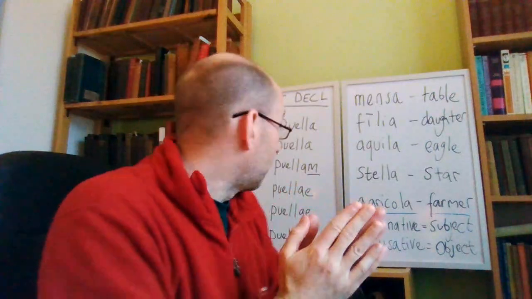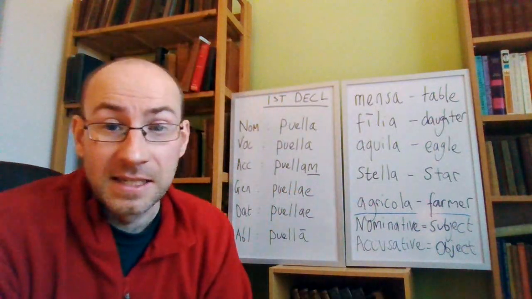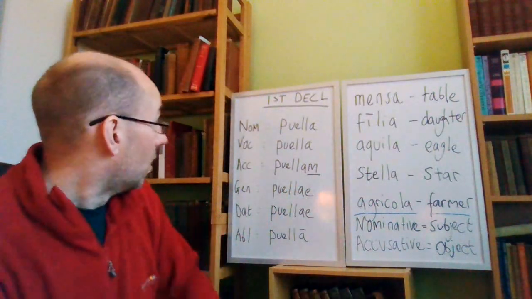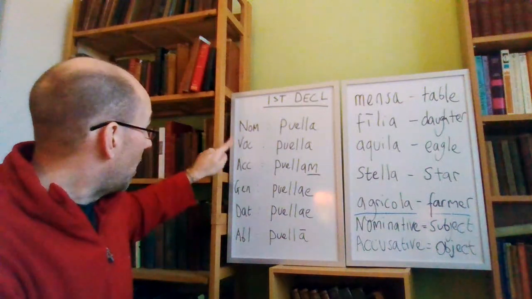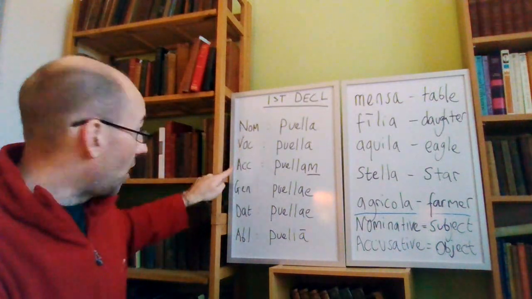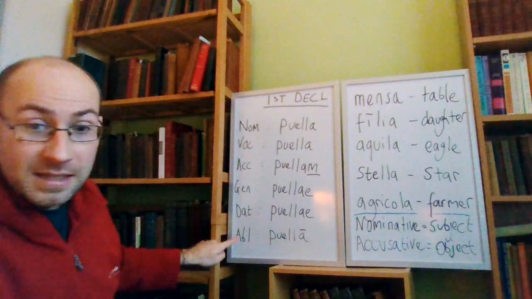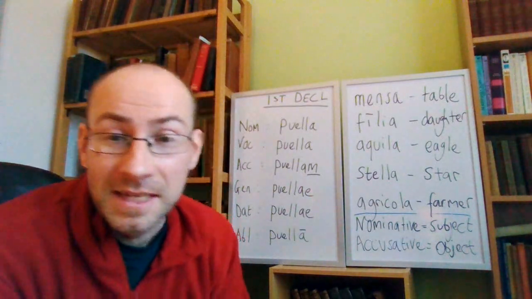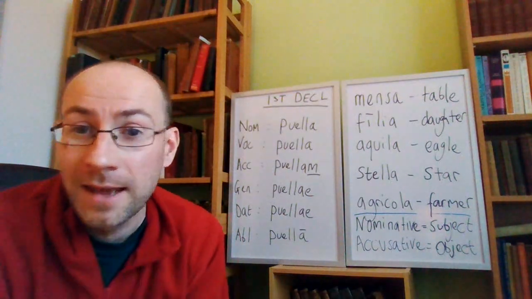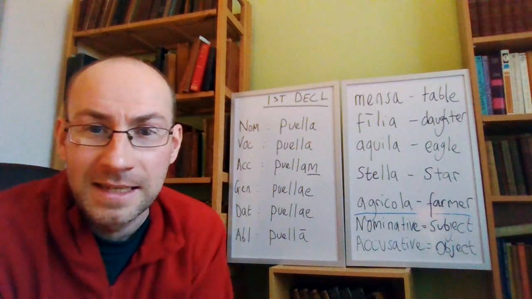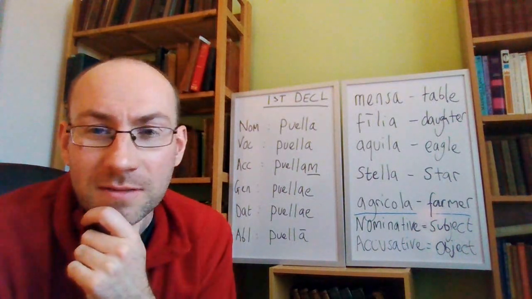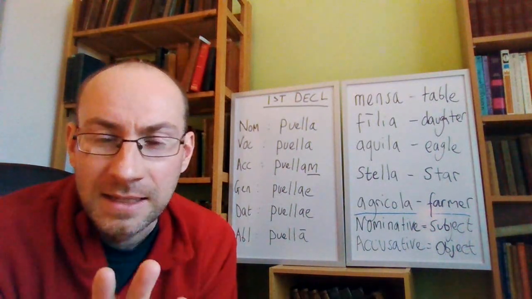In Latin, there are 6 cases. We have nominative, vocative, accusative, genitive, dative, and ablative. And this is something that we'll come back to again and again. So we're not learning all the cases today, but I'm just putting it out there that they exist.